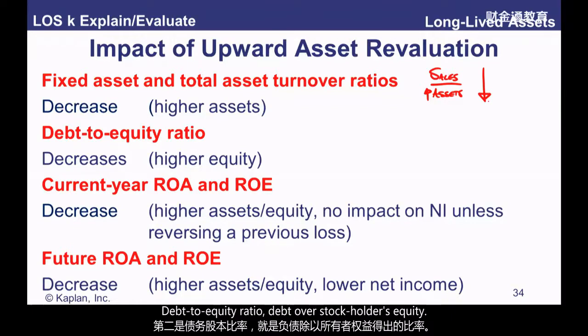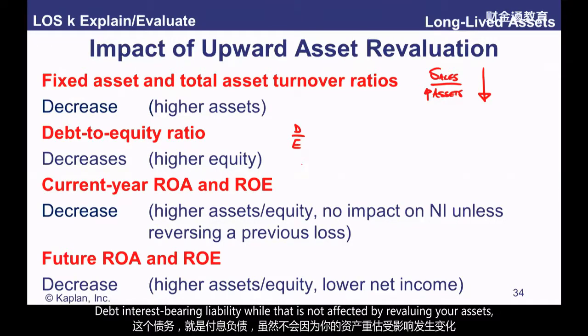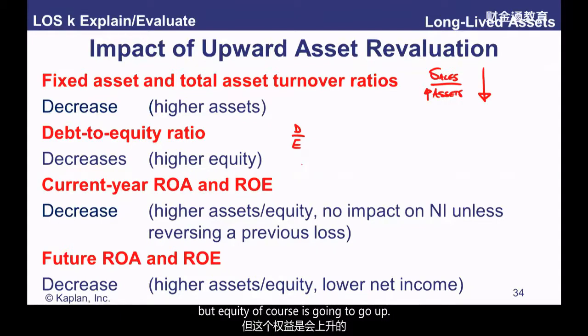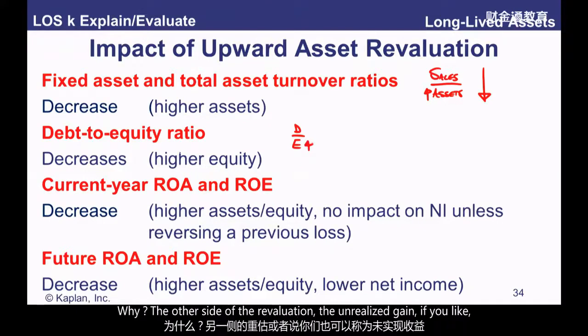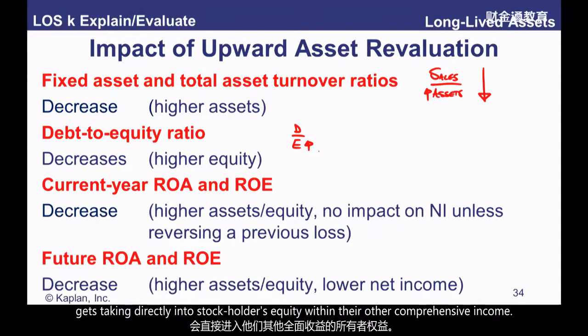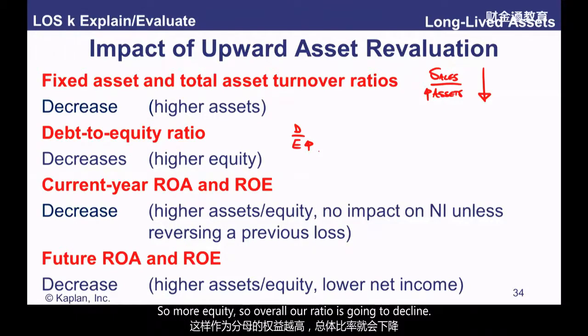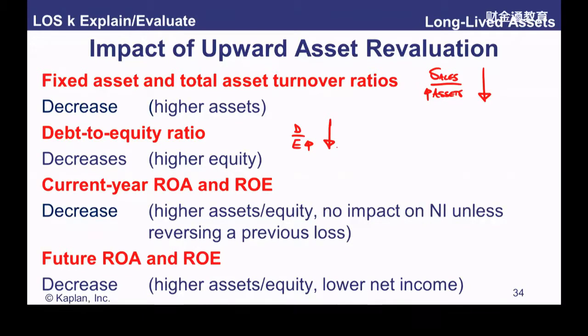Debt to equity ratio, debt over stockholders' equity. Debt, interest-bearing liabilities, well, that's not affected by revaluing your assets, but equity, of course, is going to go up. Why? The other side of the revaluation, the unrealized gain, if you like, gets taken directly into stockholders' equity within that other comprehensive income. So more equity, so overall, our ratio is going to decline.